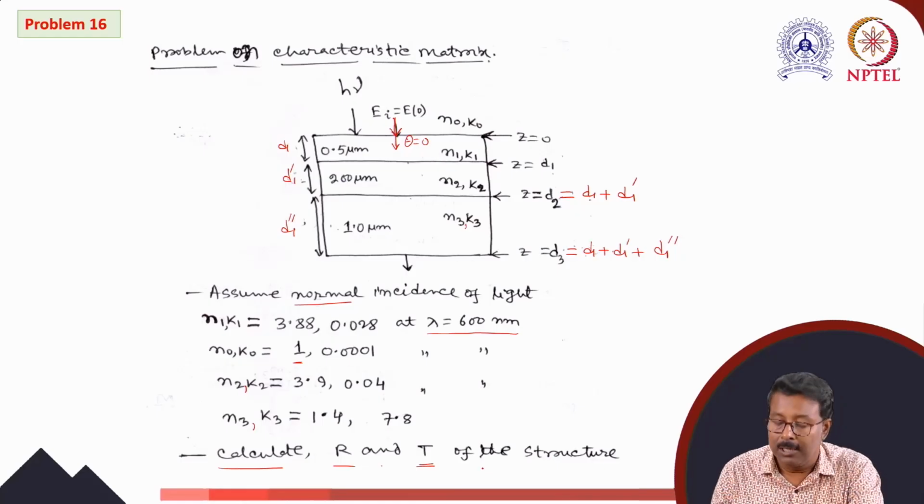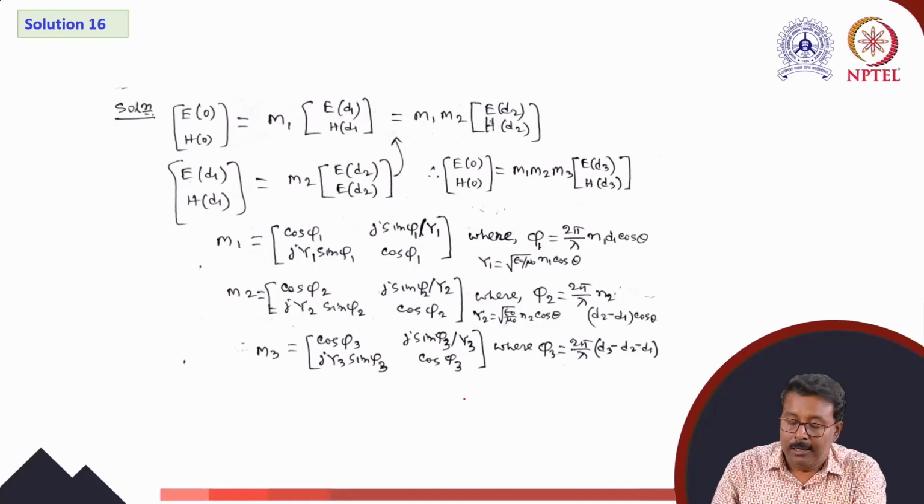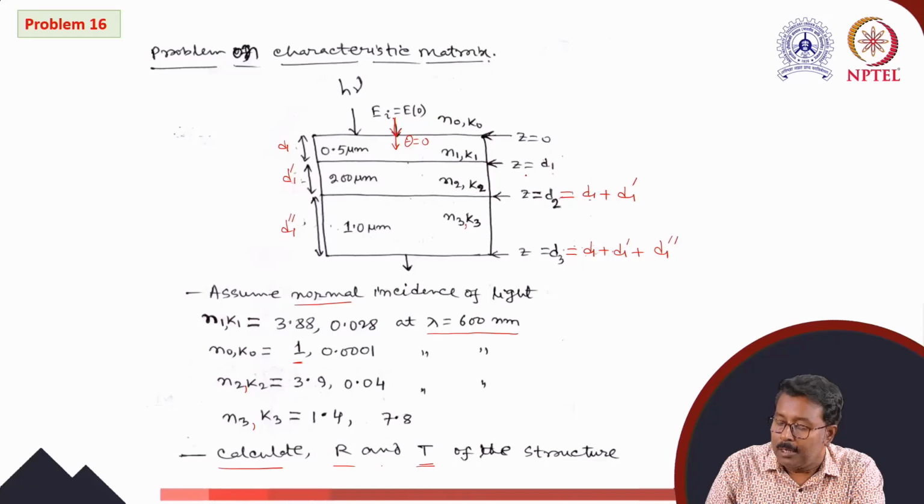How can we proceed? We know the relationship between the fields at 0 and D in this way. But what is D1? D1 is here, so interface z equal to 0 and interface z equal to D1.